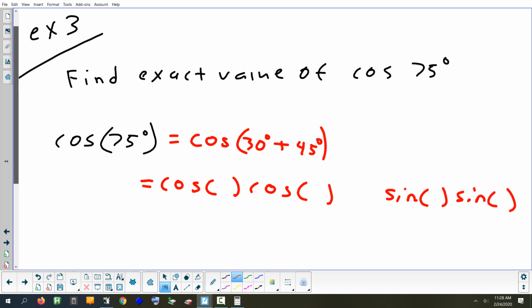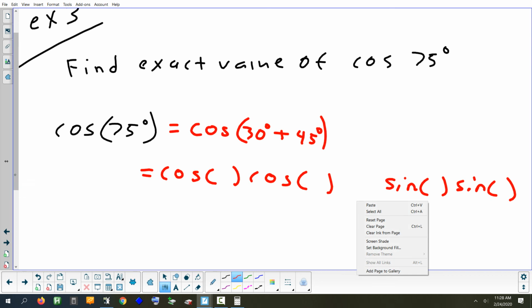We've got a plus, so what do we put down here? Minus. We put a minus. And Eric, what's going to go right here? 30. Brandon, the next one. 45. You just follow that. 30, 45.